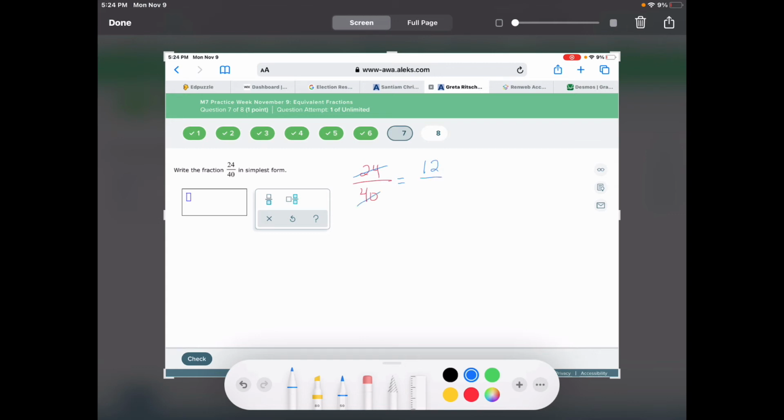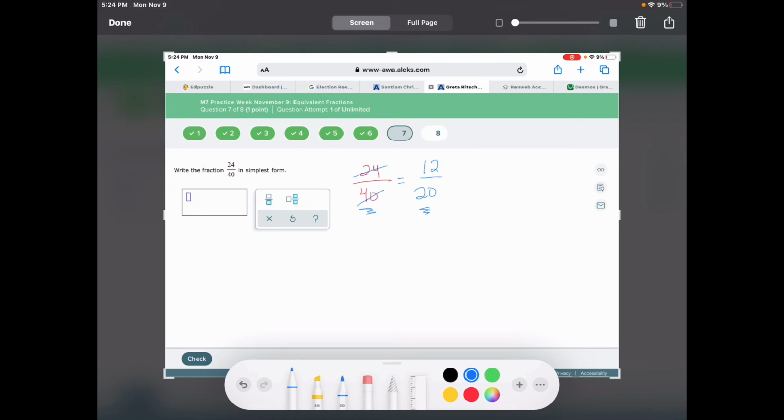And if I divide this by 2, I get 20. 12/20 is the same fraction as 24/40. They mean the same thing. This is just cut into very small pieces, and this is cut into pieces that are, let's say, twice as big as these guys.